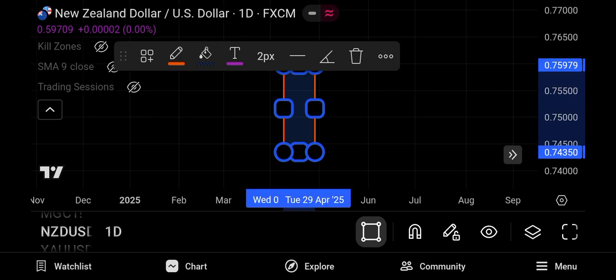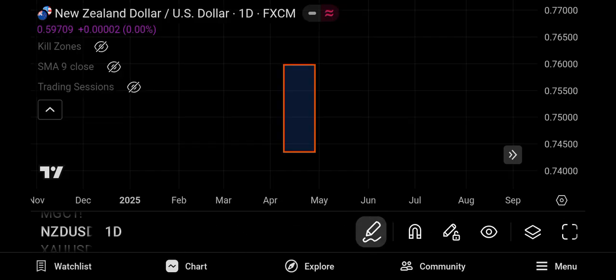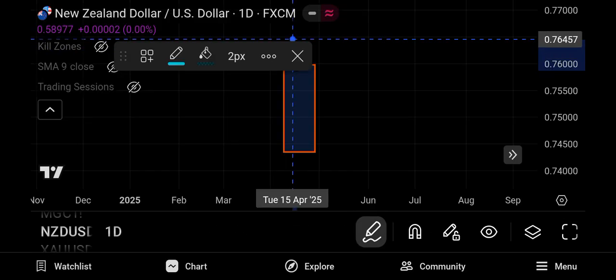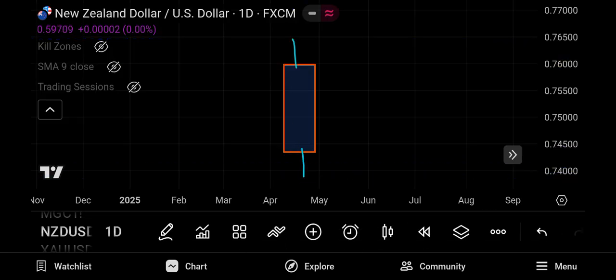There are small things you see on your screen. They are called candles. And what are the traits of candles? Candles have wicks. There are two types of candle on the chart, a bearish candle and a bullish candle. Please stay with me.